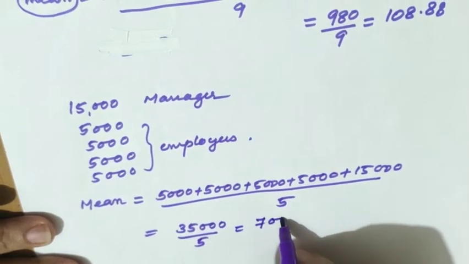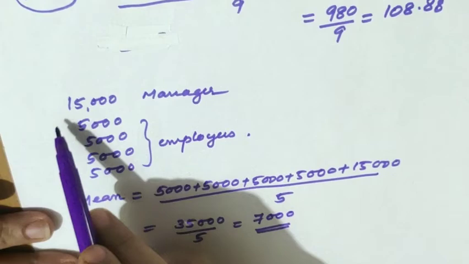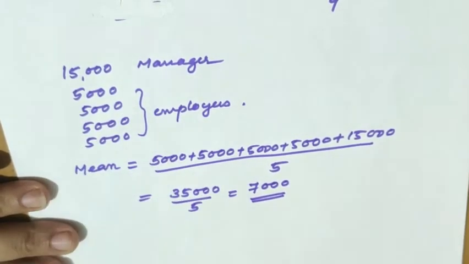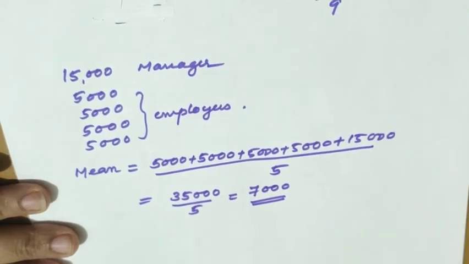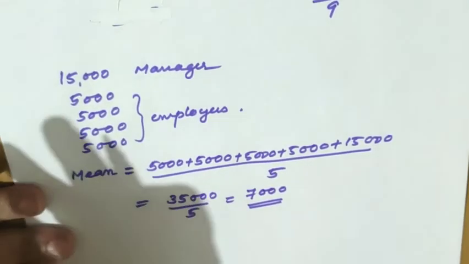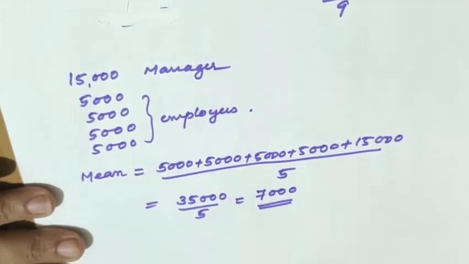What is the mean here? 7,000. But 7,000 is not a representative of this group because the majority of the employees are earning just 5,000 only. They can live within 5,000 only, they cannot live on 7,000 rupees. So this time we cannot go for the mean.